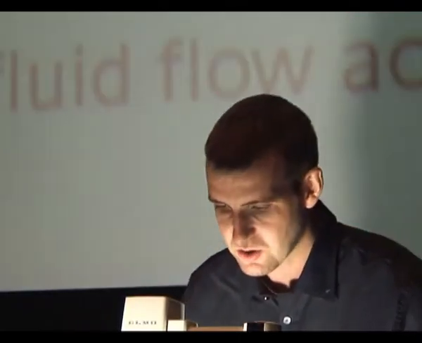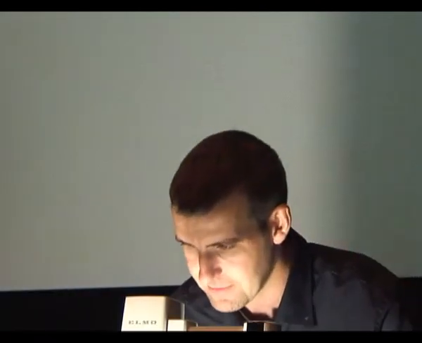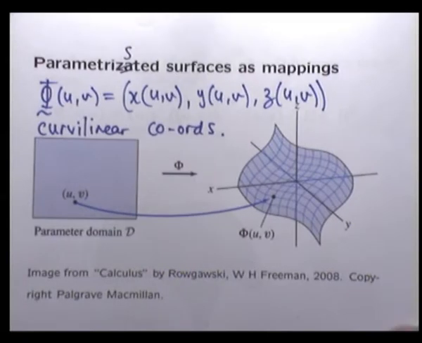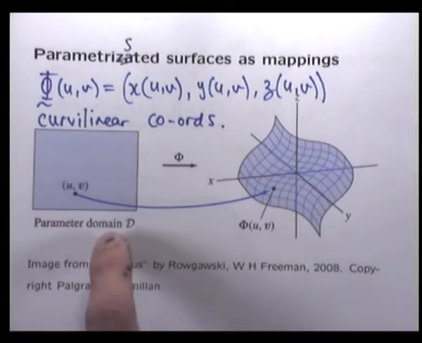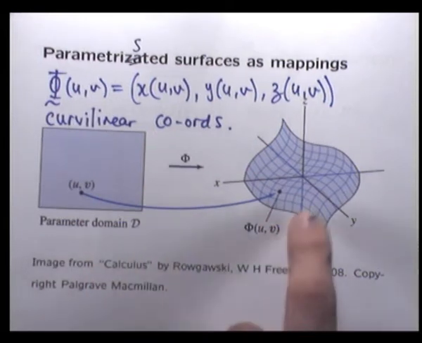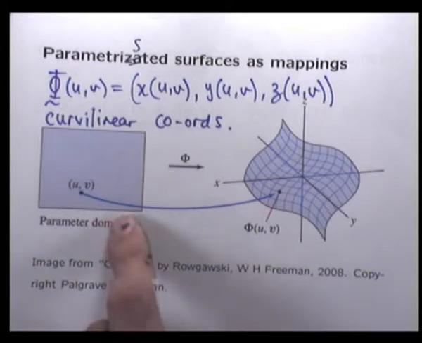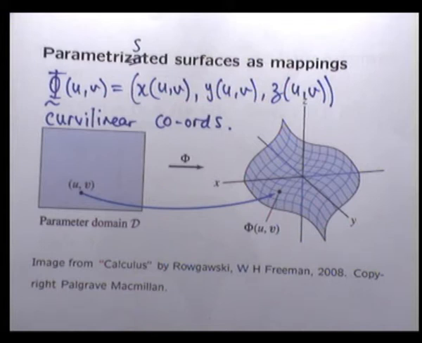Okay, so just a quick reminder. Essentially, what we do is we parameterize a surface that sits in R cubed. You can think of this rectangle in this picture as representing the domain of our parameterization. So in other words, that vector function phi is our parameterization, right?